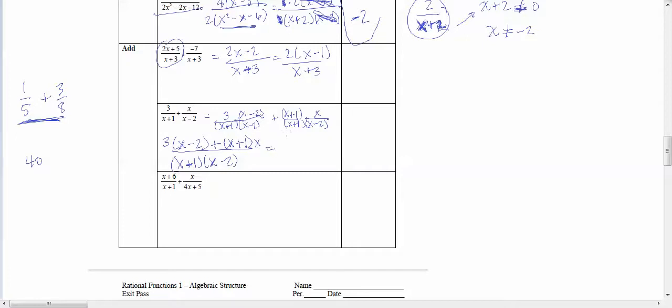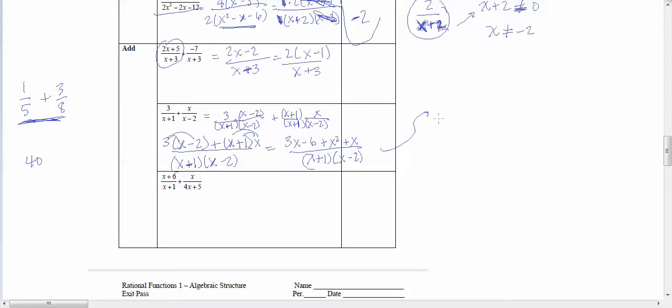I'm going to simplify this a little by distributing the numerator. I take the 3 and put it inside these parentheses and take this x and put it inside. So I end up with 3x minus 6 plus x squared plus x, all divided by x plus 1 and x minus 2.